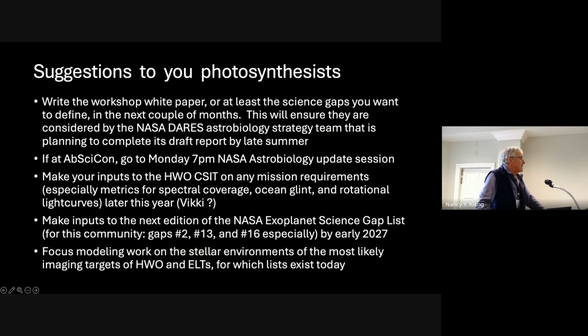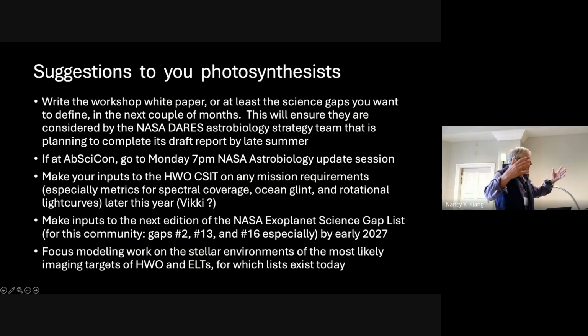We always have the chance to update our science gap list. Please look at the astrobiology biosignature gap number 16. If you're on the ExoPAG mailing list, you'll see our message calling for inputs, which will come out sometime in the fall. And I would suggest that we know the target list at least to 0th order for HWO.